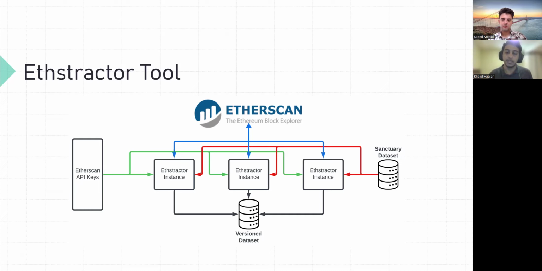The Sanctuary dataset has a specific name format for each smart contract, which contains the deployer address and the smart contract address. And from there, we were able to link everything together and then query the Ethereum blockchain through Etherscan and collect our data and save it in our version dataset.